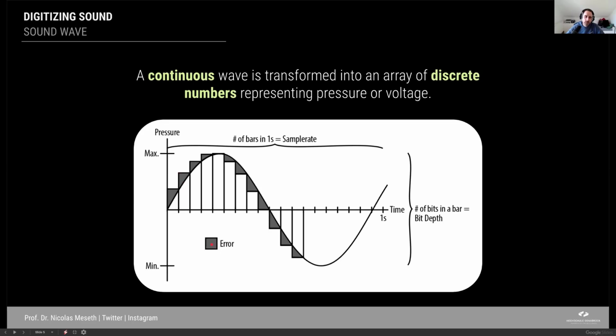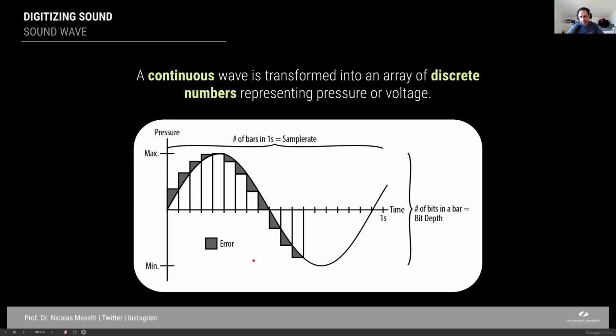So the error or the information loss, you can imagine, is this, because when we look at this bar, we're going to measure this pressure, but in reality there's a curve that is describing the real pressure in this time interval. And basically we lose all this information, which is the smaller gray area.